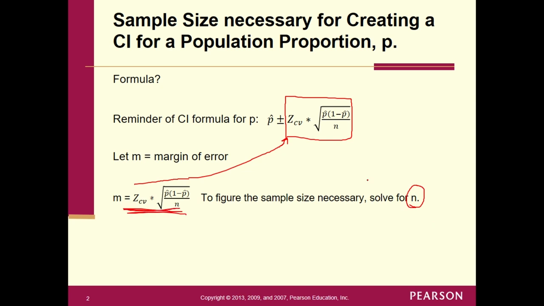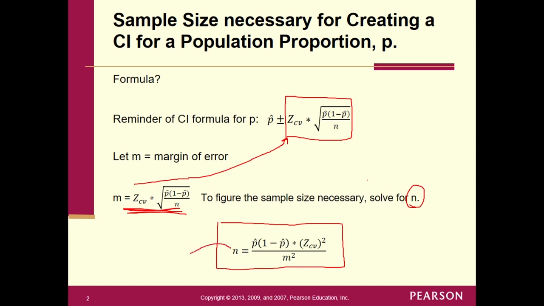I'm going to spare you the gory details with regards to the algebra, and this is what we get. This formula right here is what you need in order to figure out the sample size.